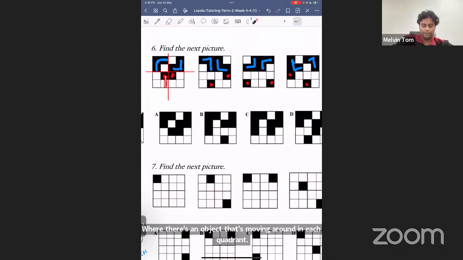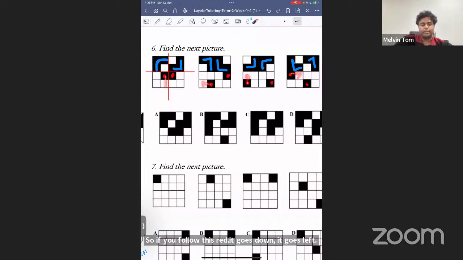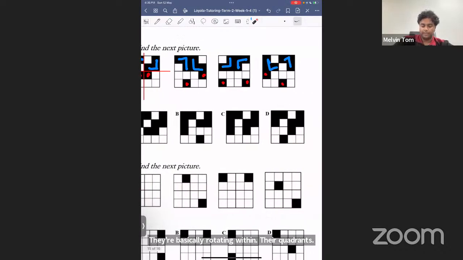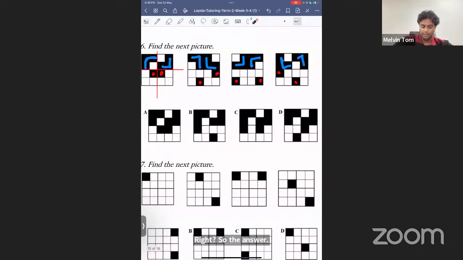So if you follow this red dot, it goes down, it goes left, it goes up, and it should go right. They're basically rotating within their quadrants, right? So the answer should have this top dot on the right-hand side, which is literally just A.